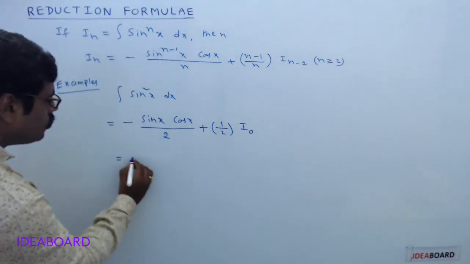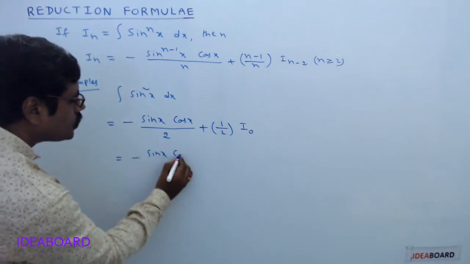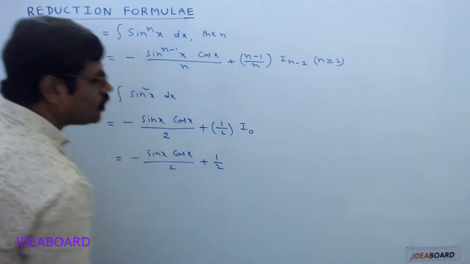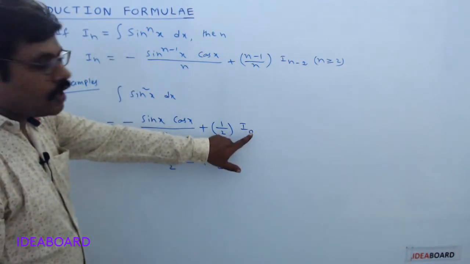Now this equals minus sin x cos x divided by 2 plus half into I_0.